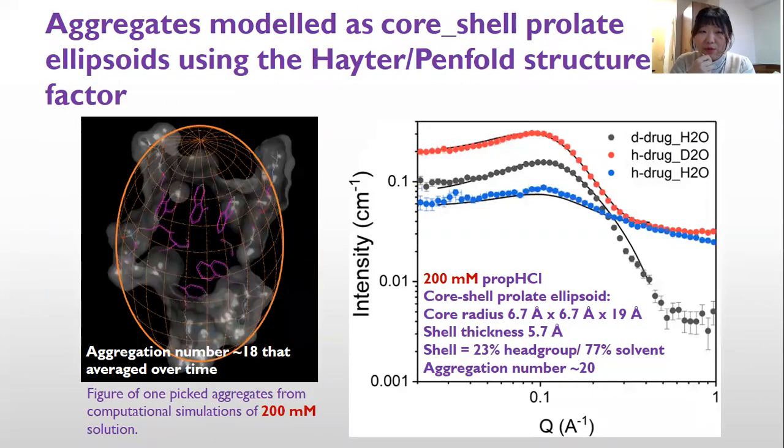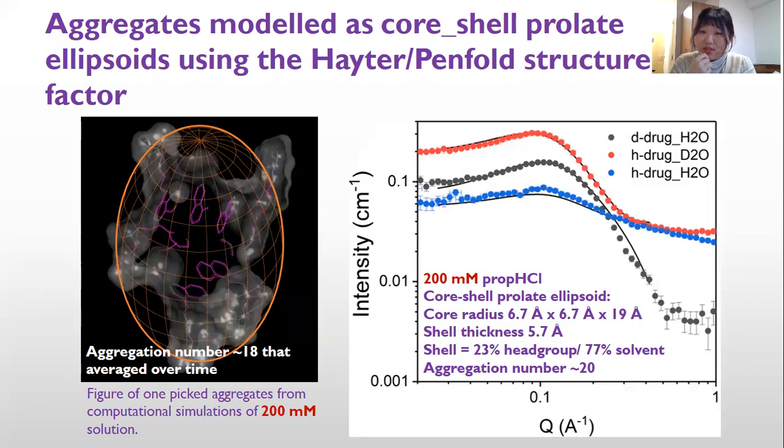Then about the shape of the aggregates, we picked one cluster from the 200 millimolar simulation results, and it seems that the aggregate is roughly a prolate ellipsoid with a core that is mainly composed of ring structures.